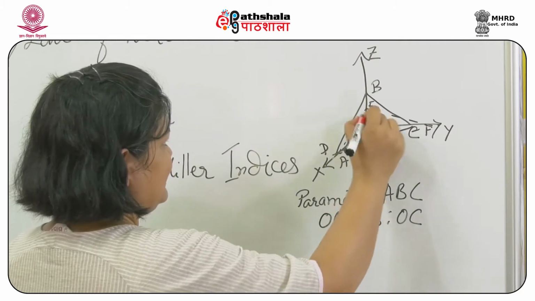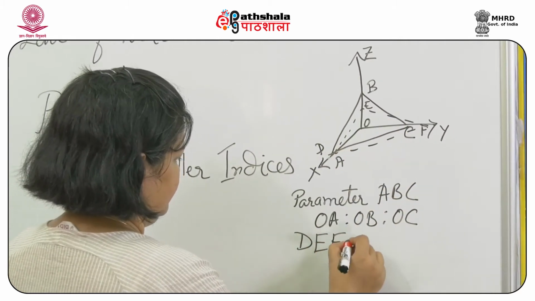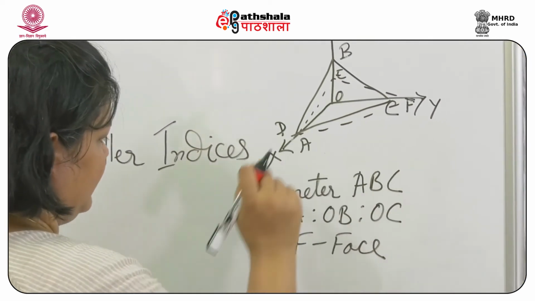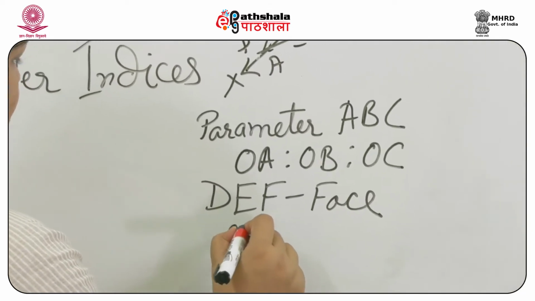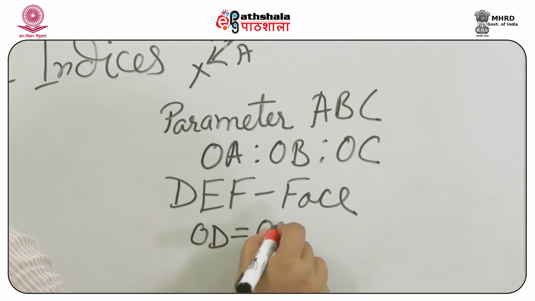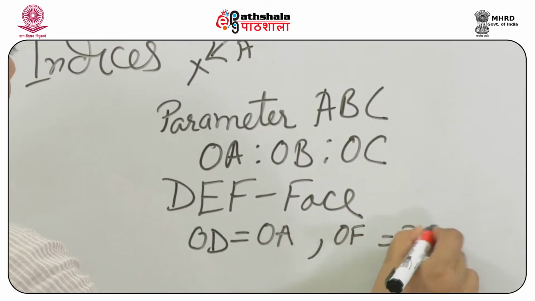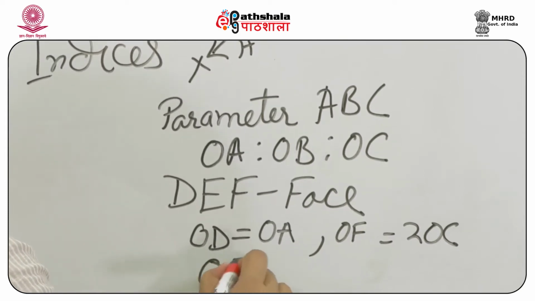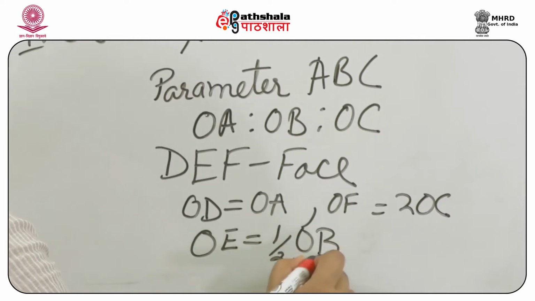For the face DEF, we can consider the ABC face to be the standard, and we can write that OD is equal to OA, OF is twice OC, and OE is half of OB.